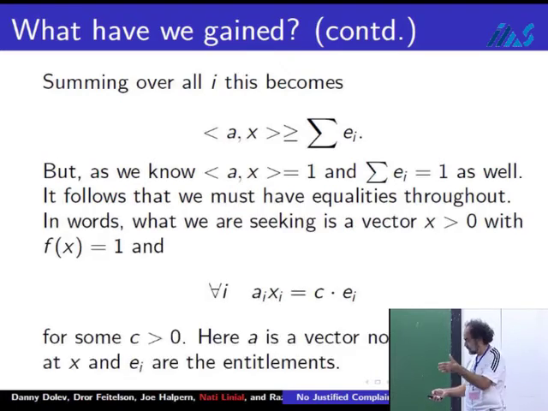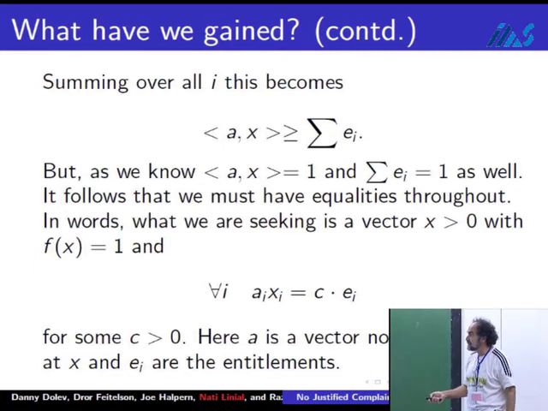In other words, and again, if this was a little too fast, we have now reformulated the problem in the case of a domain with a smooth upper boundary. What we're looking for is a positive vector x, where f of x is 1.